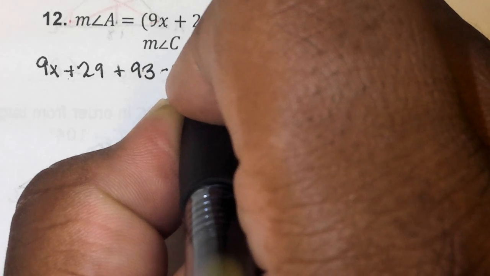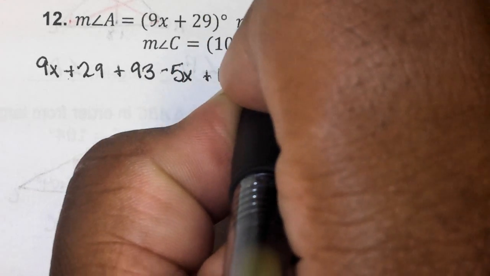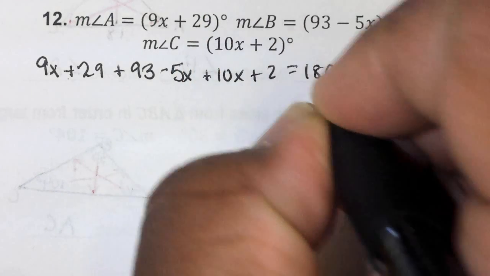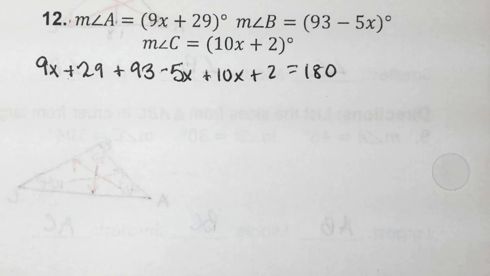9x plus 29 plus 93 minus 5x plus 10x plus 2 equals 180. Combine like terms.